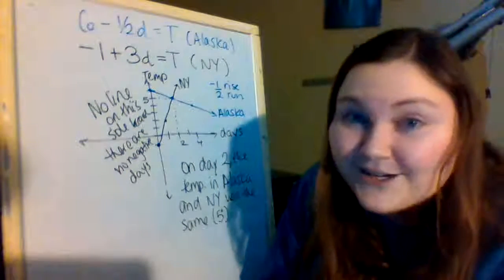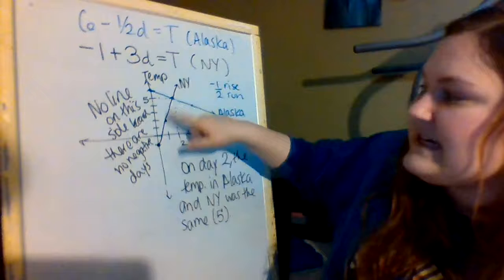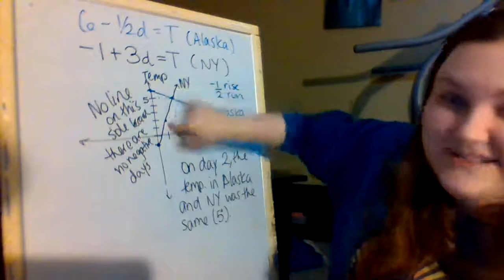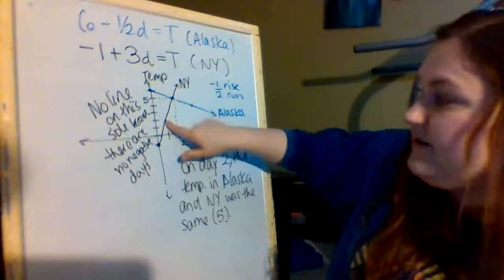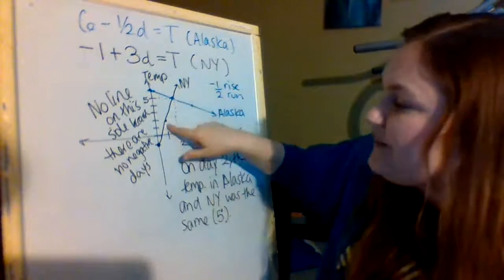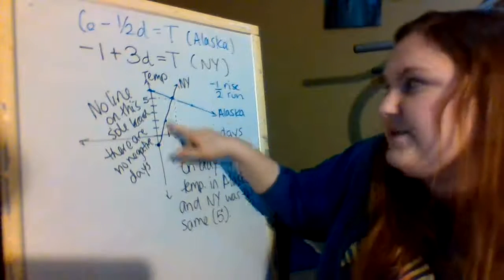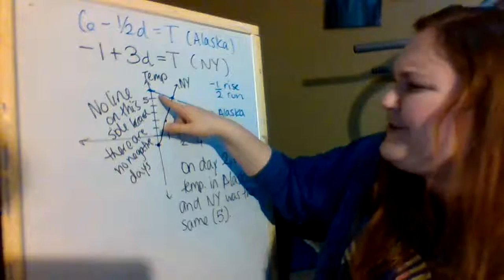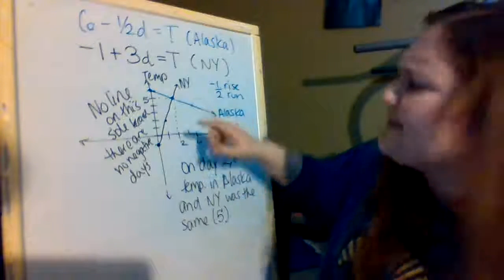You could use hotter or colder. So we could say before day 2, the temperature in New York compared to Alaska, what could you say about New York? The temperature here is lower. It means it was colder. So we could say before day 2, the temperature in New York was colder. Or you could say that before day 2, the temperature in Alaska was warmer. Use warmer loosely because it's 5 degrees.